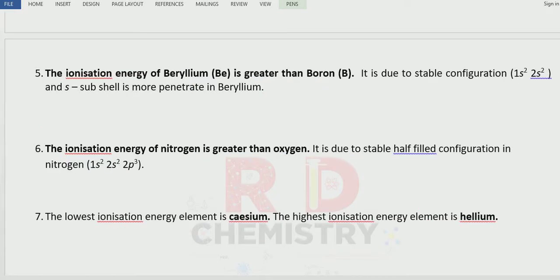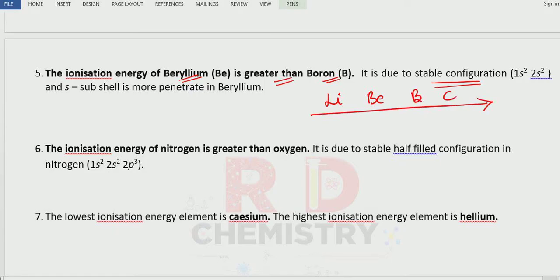There are some exceptions here. The ionization energy of beryllium is greater than that of boron due to stable electronic configuration. Take the second period: lithium, beryllium, boron, carbon, and so on. What do you expect for ionization enthalpy?